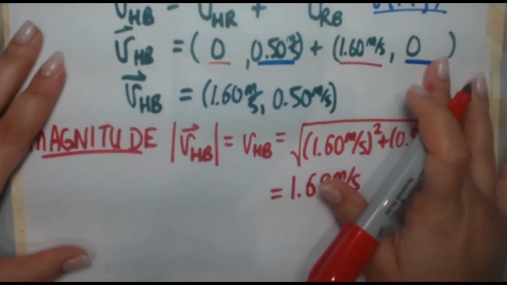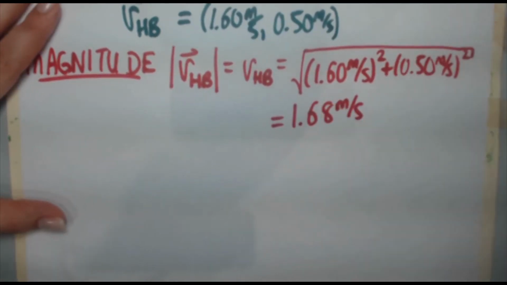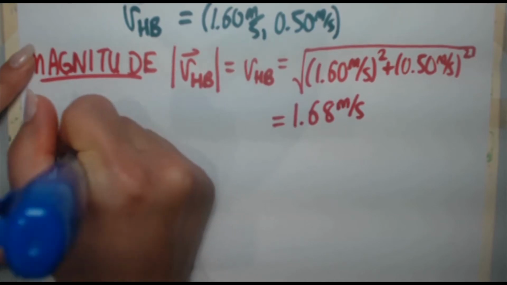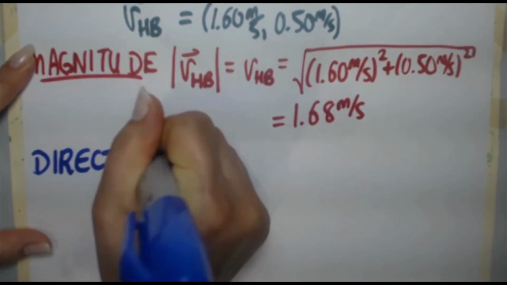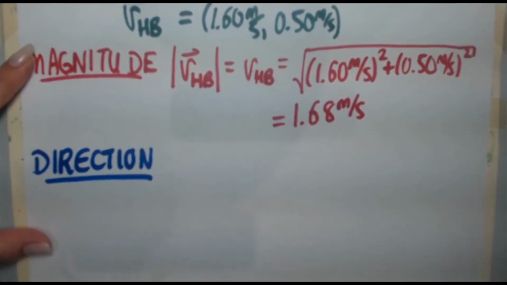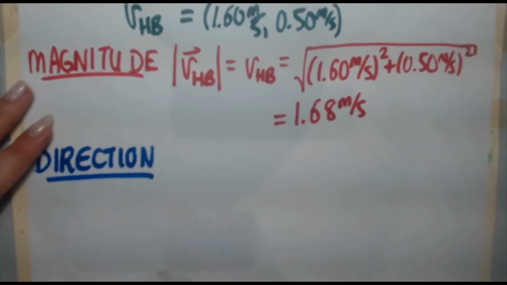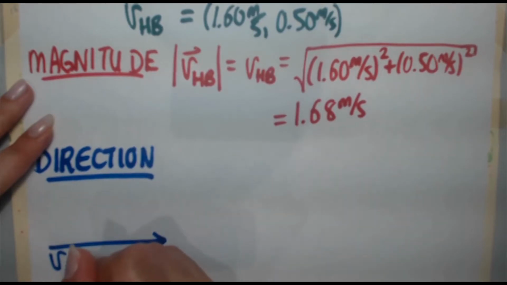That's our magnitude. Now we still need to find the direction. For direction, we have to look at this as a vector problem. You've got the velocity of the raft relative to the bank, going at 1.60 meters per second.